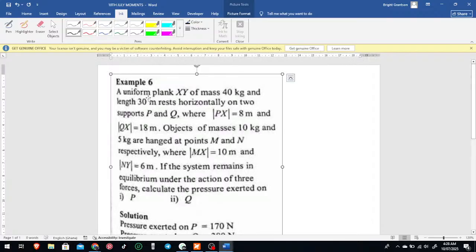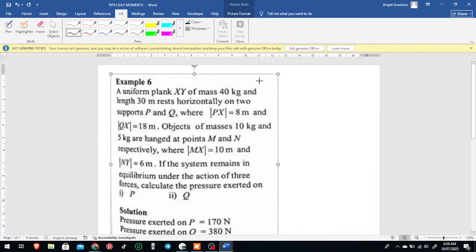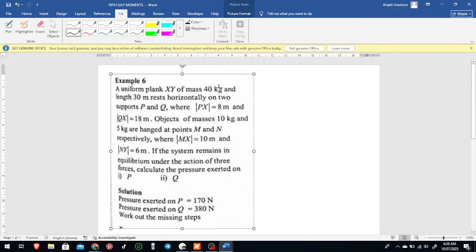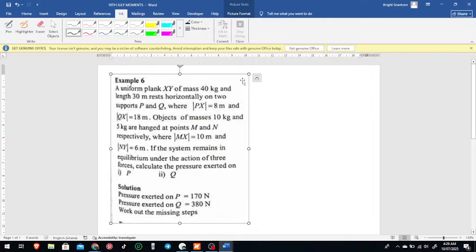Okay, it says a uniform plank XY of mass 40 kilogram and length 30 meters rests horizontally on two supports P and Q, where PX is 8 meters and QX is 18 meters.